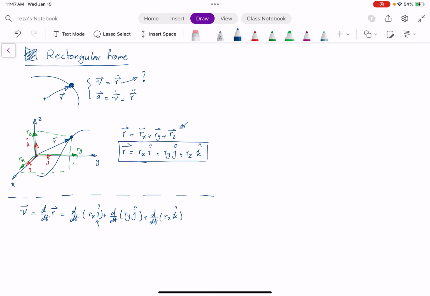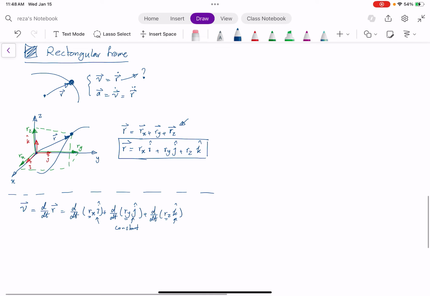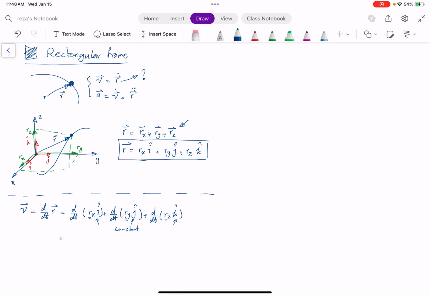Because these unit vectors i, j, and k are constant, they are vectors that don't change. They are sitting happily in space. The only things that possibly change with time are the components rx, ry, rz. So the derivative becomes drx over dt in the i direction plus dry over dt in the j direction plus drz over dt in the k direction.